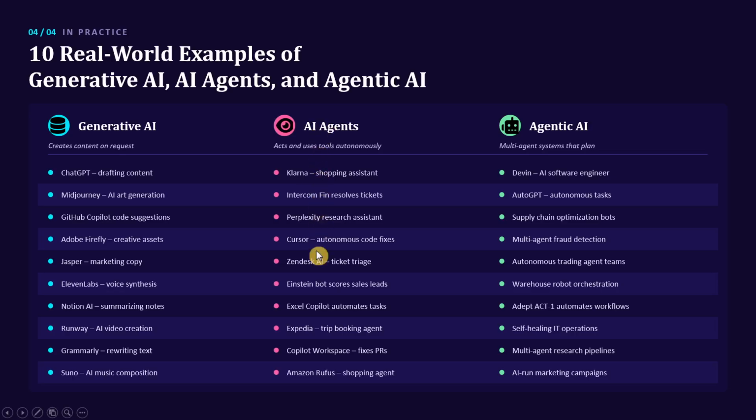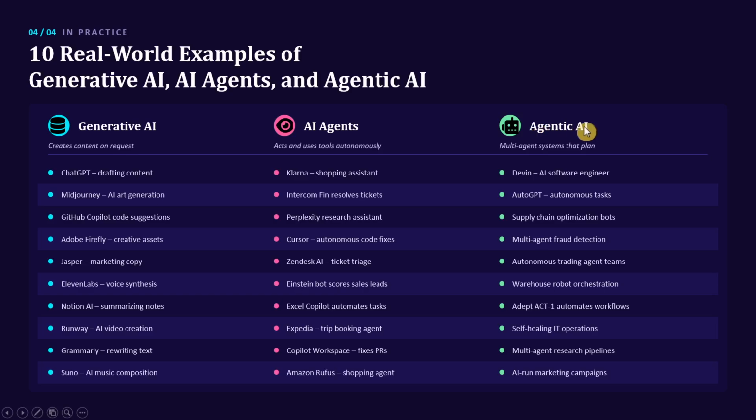These are the tools and apps for AI agents: Perplexity, Claude, Intercom, Zendesk, Excel Copilot automation tasks, Copilot Workspace, Amazon Rufus. You would have heard about this shopping agent. This is an AI agent. They are trained to perform one task at a time. So these are tasks done by an AI agent.